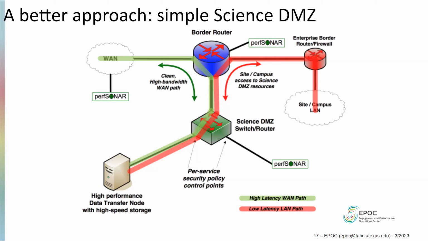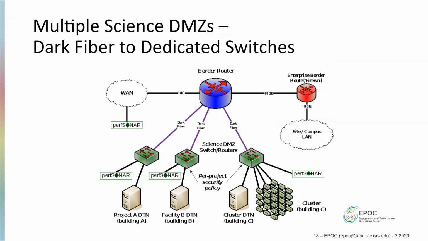That leaves the enterprise and all the other network associated with the enterprise off on their separate leg where they've always been. We're not trying to make the enterprise network do the work of the Science DMZ. This is a shortcut path to get data out to the WAN as quickly, cleanly, and efficiently as possible. And we've got several different ways we can do that.